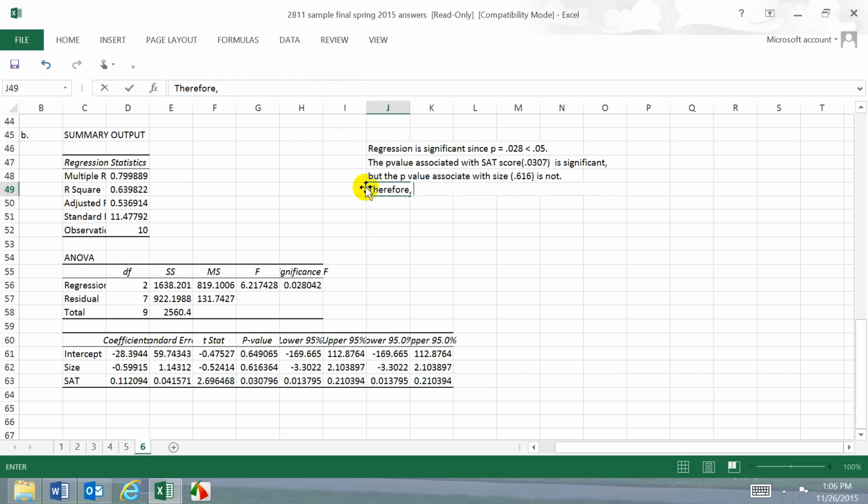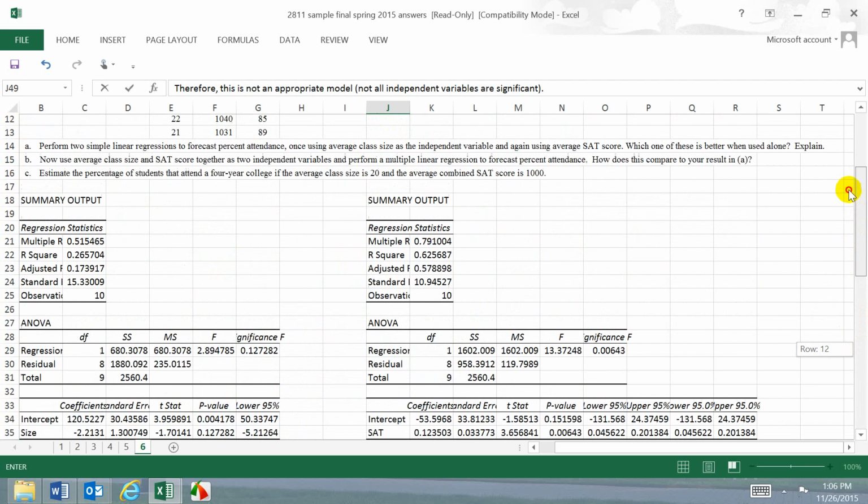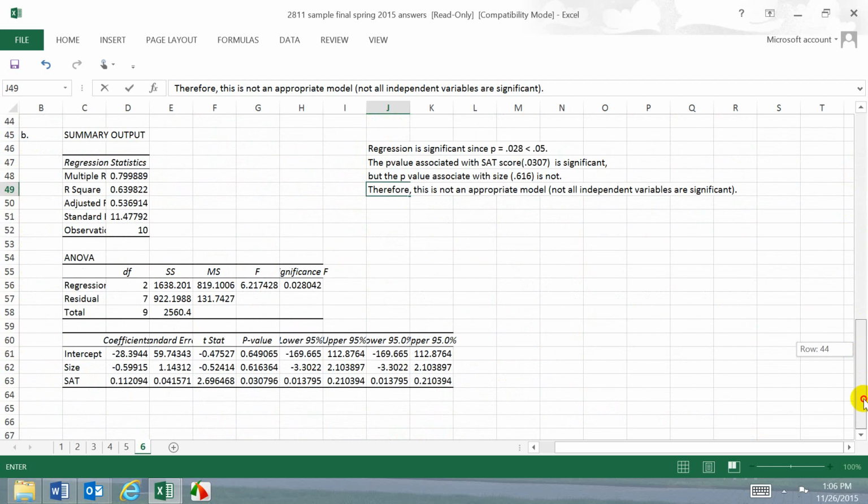Therefore, this is not an appropriate model. Why? Because not all independent variables are significant. All right, now, therefore, to answer our question, how does this compare to your result A?